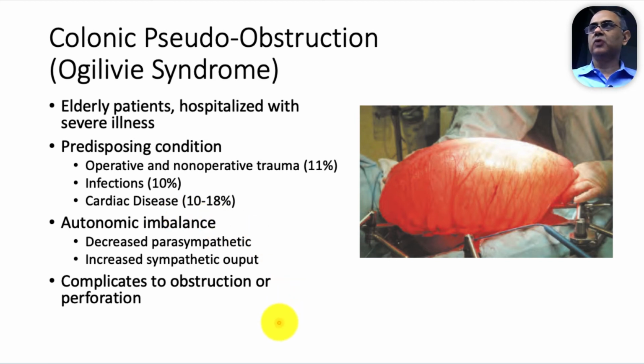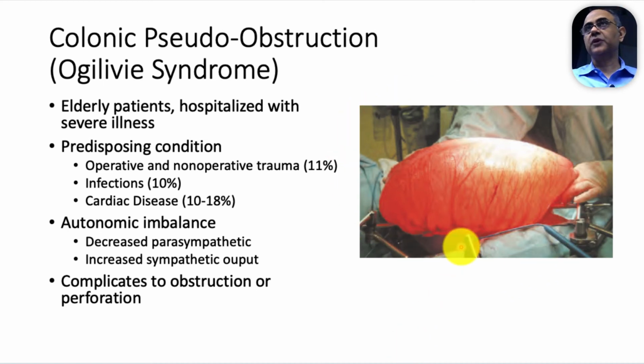He might have this pseudo obstruction, but you have to rule out each and every cause of mechanical obstruction, because very obviously if the patient has a mechanical obstruction, there are more chances of ischemia and strangulation. But the other side is, if you open the patient with pseudo obstruction, you can't do anything.